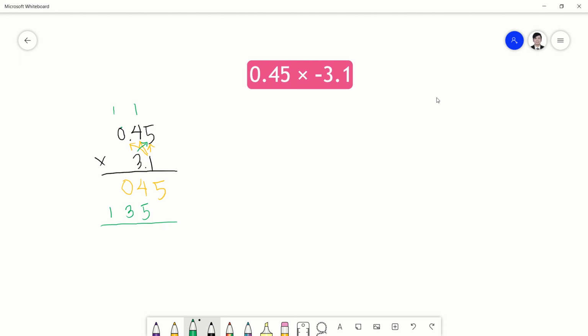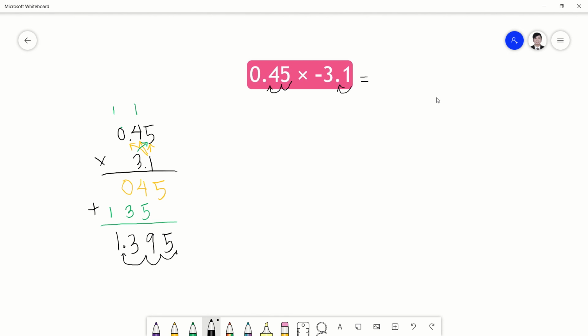Then we add. This would be 5. 4 plus 5 is 9. 0 plus 3 is 3. This would be 1. Count the decimal places. We have 2 decimal places here and 1 decimal place here. All in all, there are 3. So we need to move the point 3 times going to the left. 1, 2, 3.